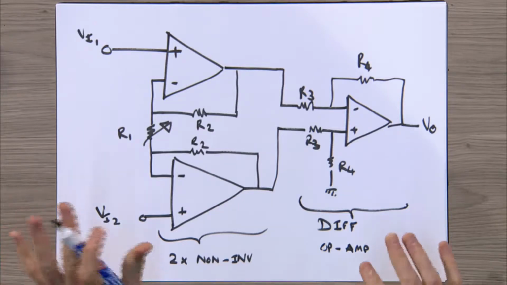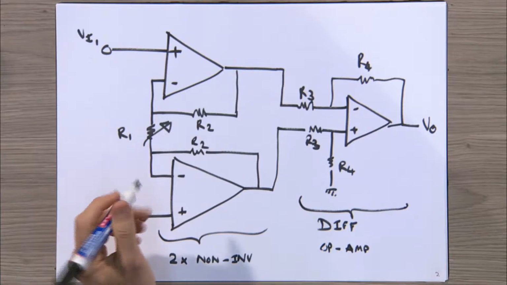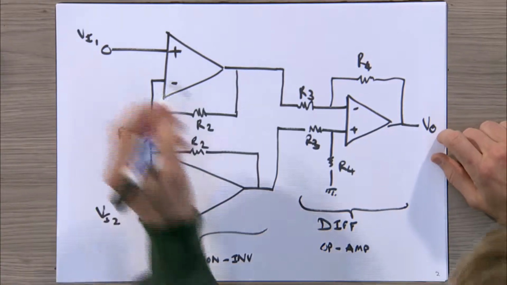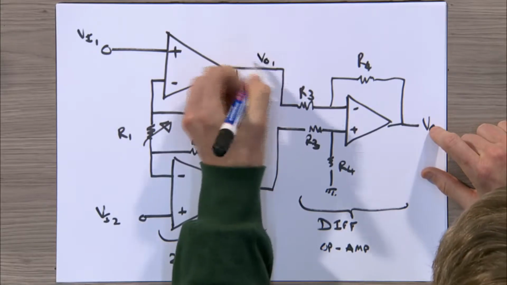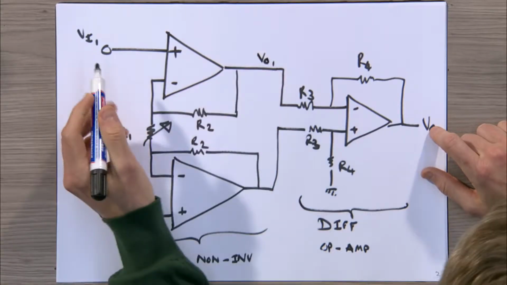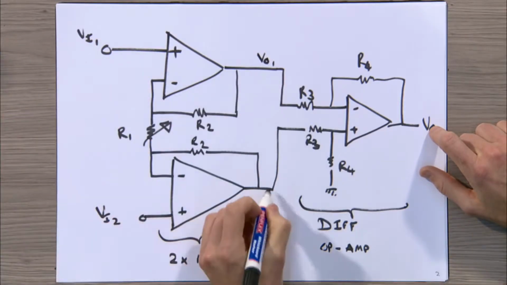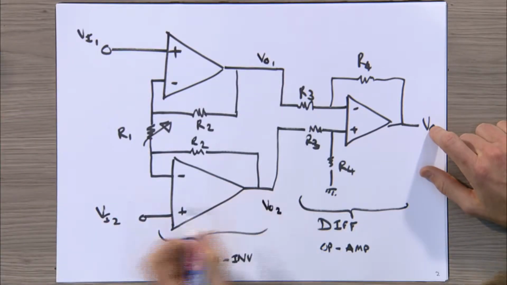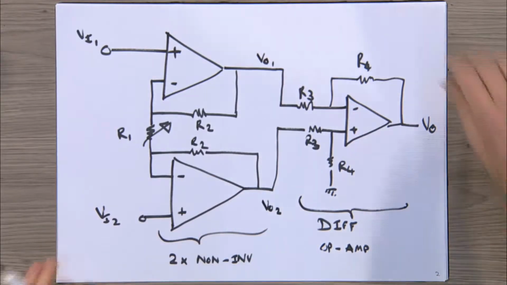Okay, so it looks quite complicated. Let's look at how we analyze this, and then you'll hopefully understand it better. To make the analysis slightly easier, we're going to define a Vout1 here, the output from that non-inverting op-amp, and we're going to define a Vout2 here from this non-inverting op-amp.